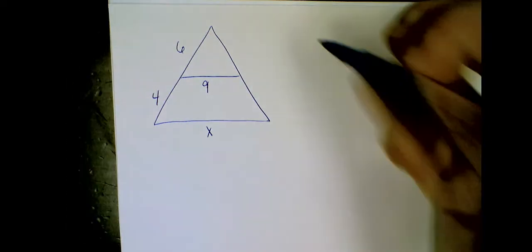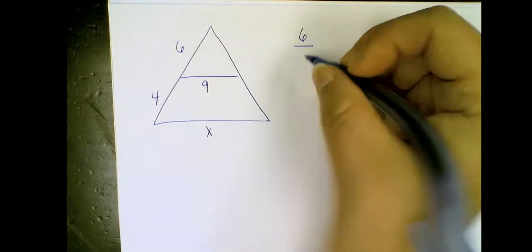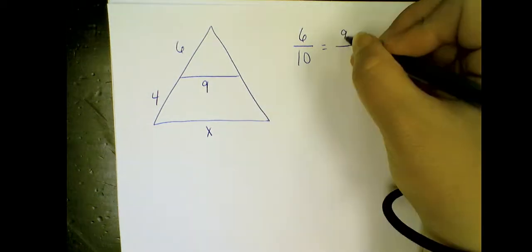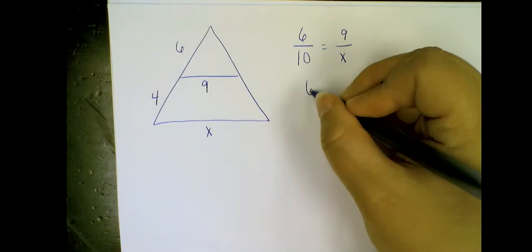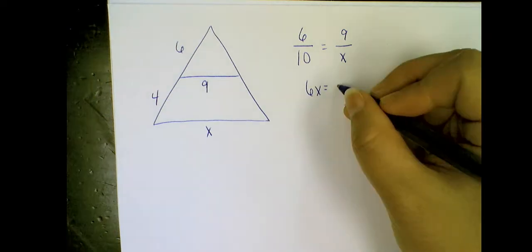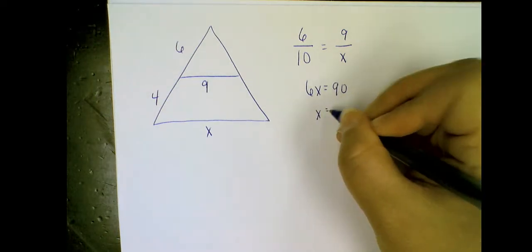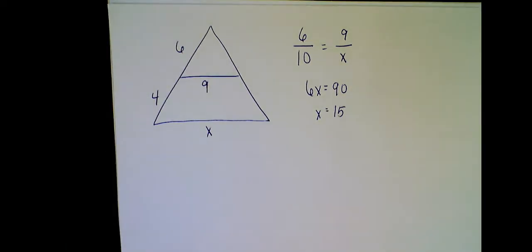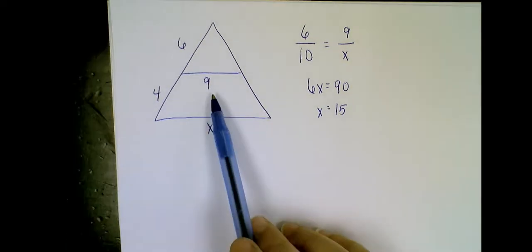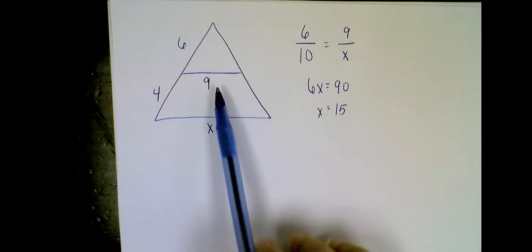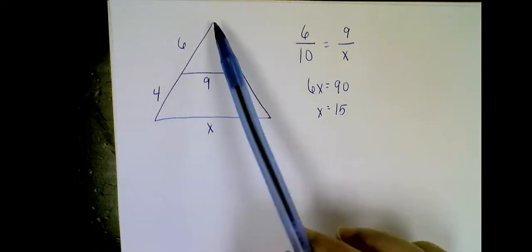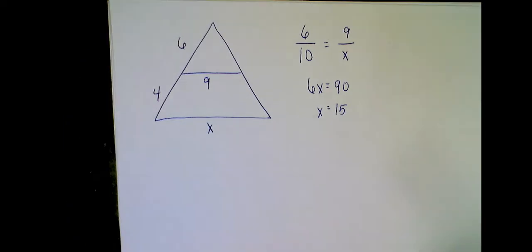We have to do 6 over this whole side, which is 10, and that would equal 9 over x. And then we can cross multiply and get 6x equals 90, and 90 divided by 6 would be 15. So that's the special case I was talking about, where if you have the two bases of the triangles, you have to use the whole side of the smaller triangle and the whole side of the larger triangle.